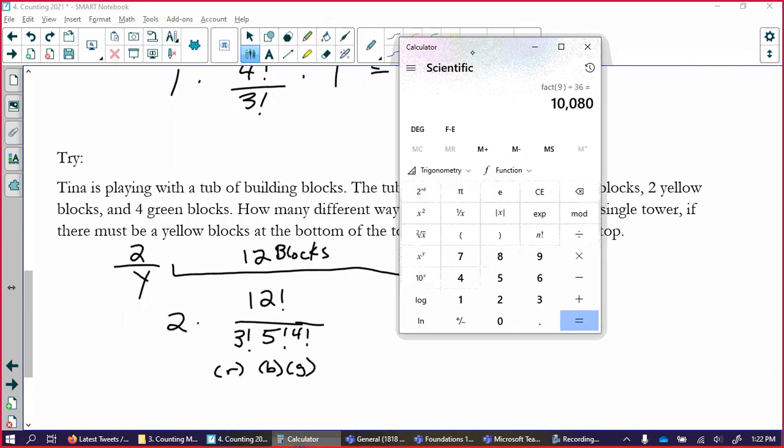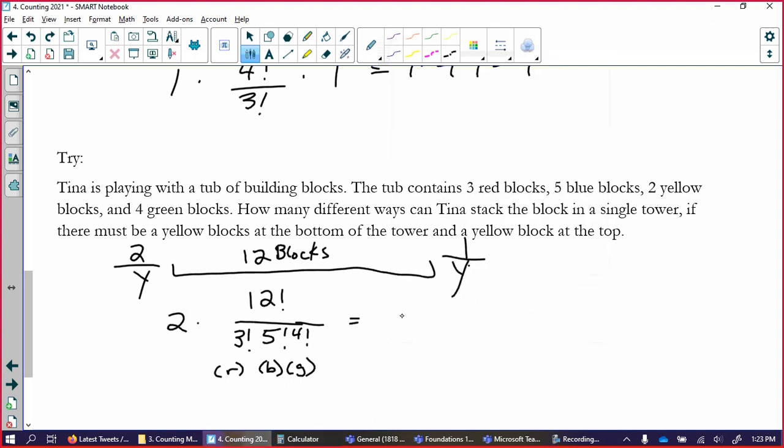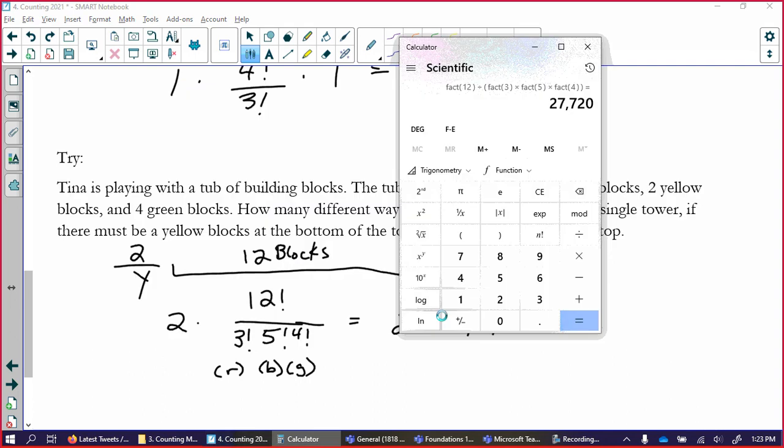That's 12 factorial divided by bracket 3 factorial times 5 factorial times 4 factorial, close the bracket, so the 12 factorial, and then those are all in a bracket, so that should be everything. So this equals 2 times 27,720, 54, 55,000 and change.